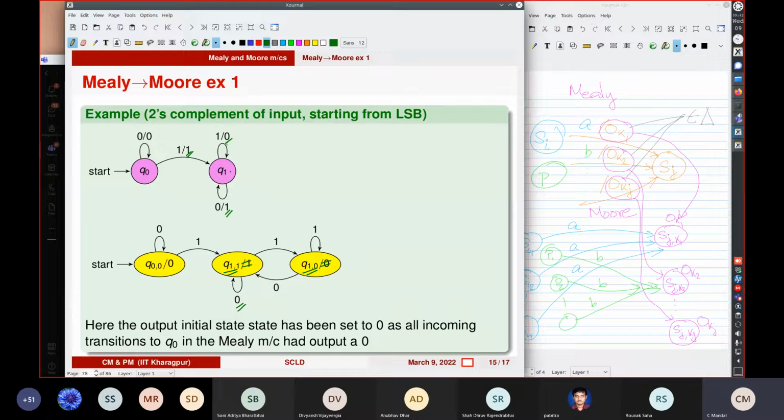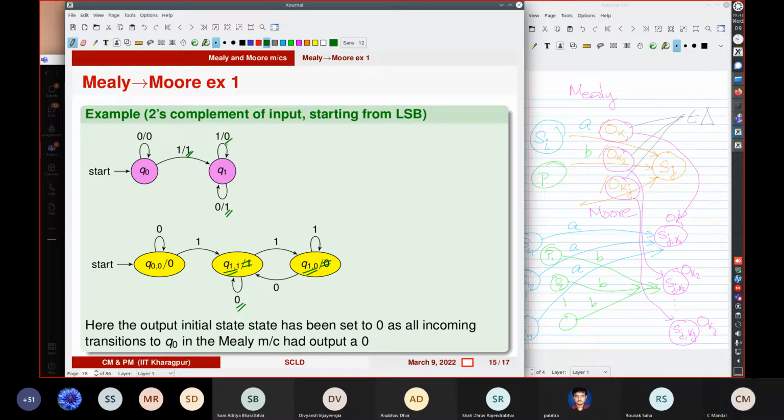Because I have 2 outputs, 1 and 0, I have created 2 states, 2 copies of Q1, one to give an output of 1, another to give an output of 0, all right? Though I have put the outputs wrong, so there is a mistake somewhere, but let us just see.